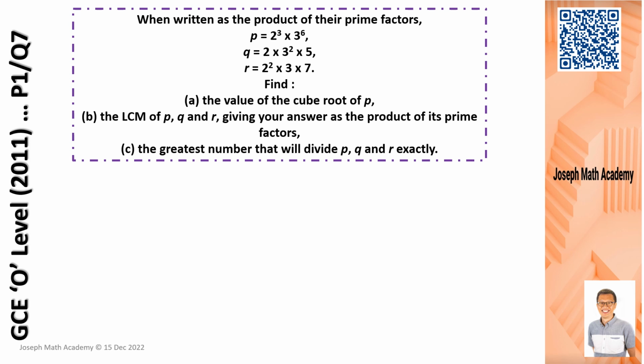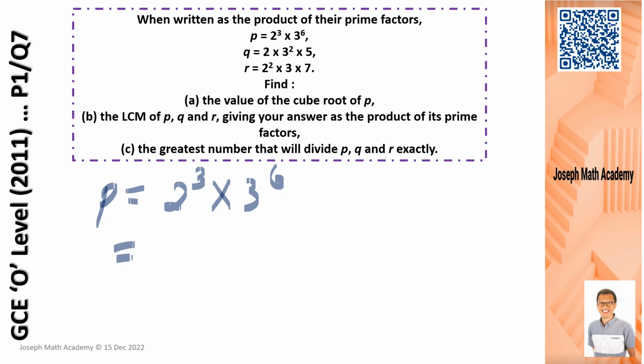Now, written as the product of their prime factors, we have three expressions here: P, Q, and R. They have their own respective products of prime numbers, all written in index notation. Part A is asking us to find the value of the cube root of P. So P is equal to 2 to the power of 3 times 3 to the power of 6.